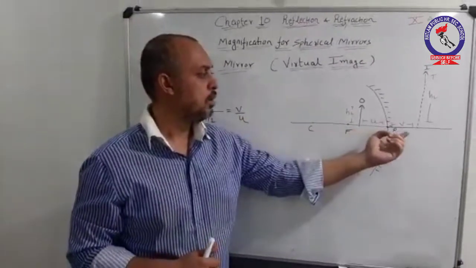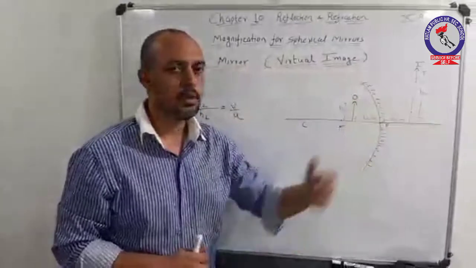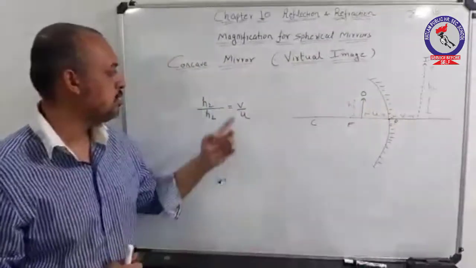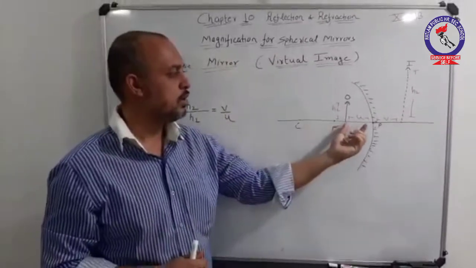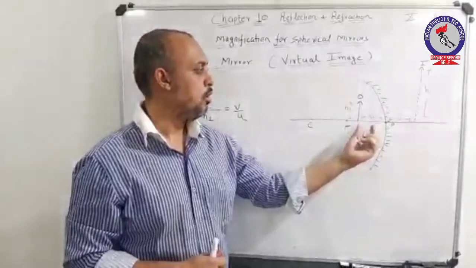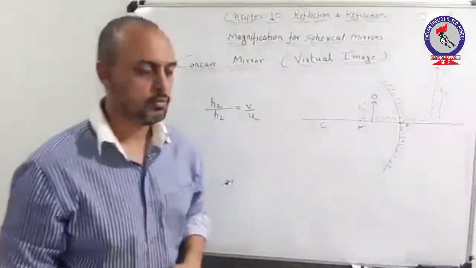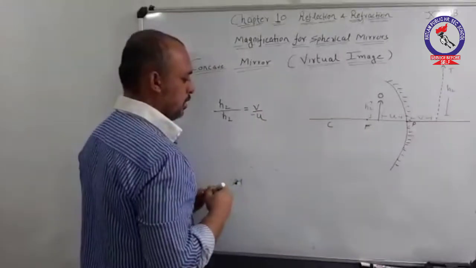Talking about the image distance, as image is formed behind the mirror, therefore image distance will again be positive, while as that of object distance, as it is kept in front of the mirror, so object distance can be taken as negative. So I will apply a negative sign here.